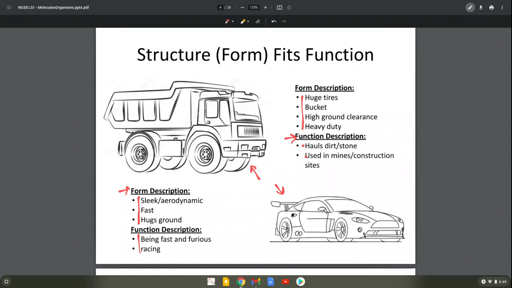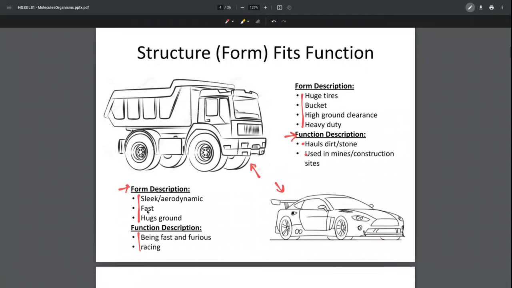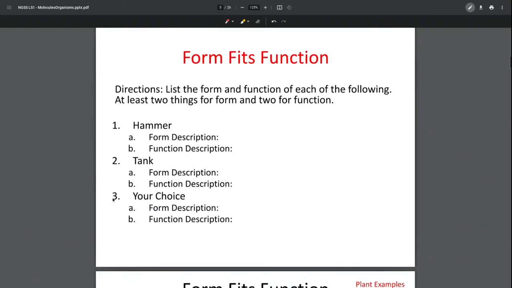What I want you to do in your notes here is do some of these yourself. Write down number one, hammer. What does a hammer look like? Write some of its features here, and then what does it need to do? Then a tank.